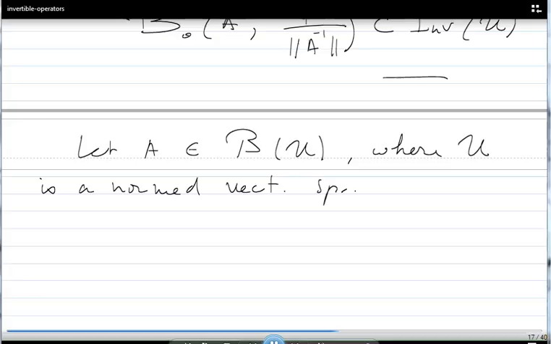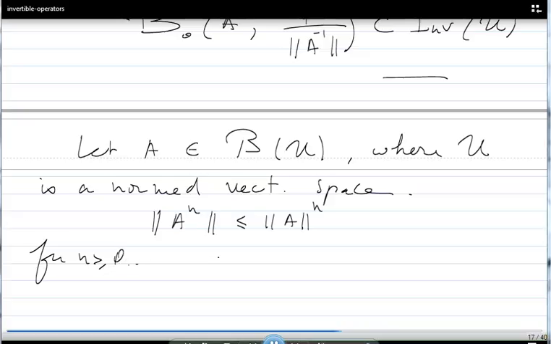We know that A to the power n, or composition of A n times, is a bounded operator, as we said earlier. So in this case, we have the norm of A to the n is less than or equal to the norm of A to the power n, for n greater than or equal to 1.